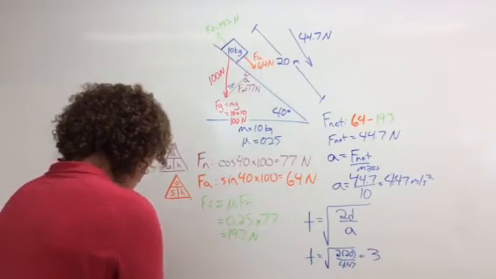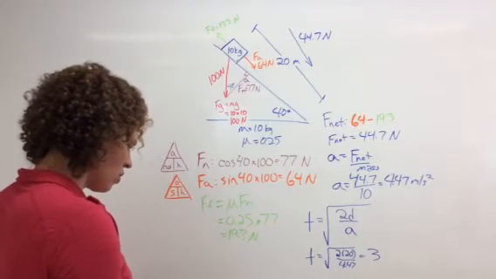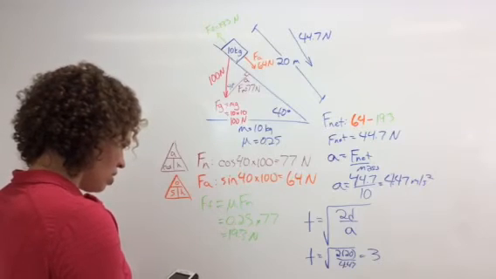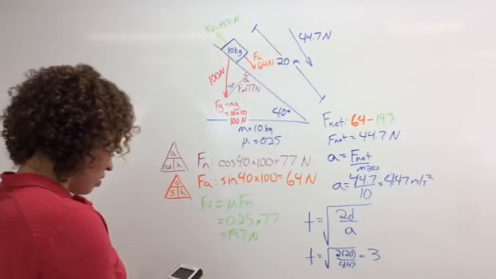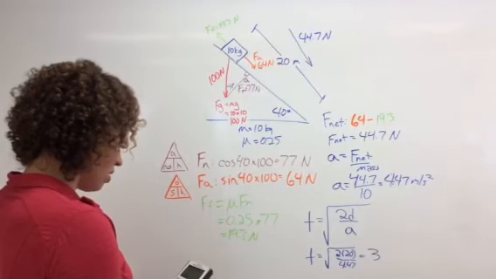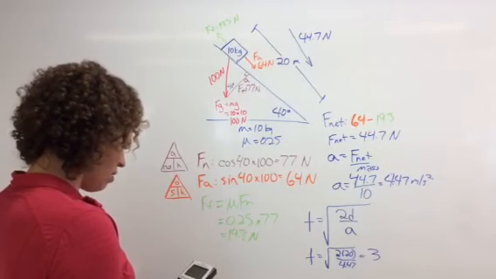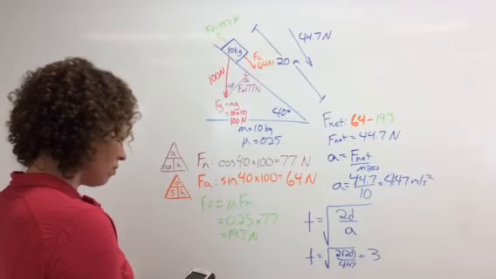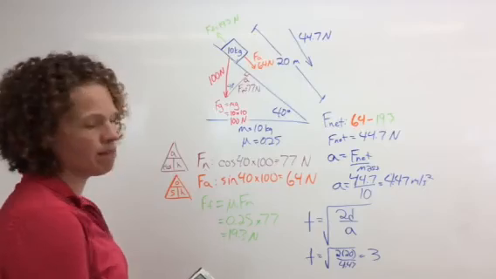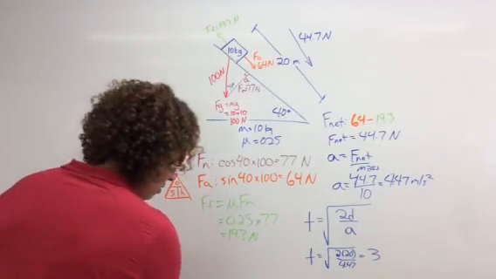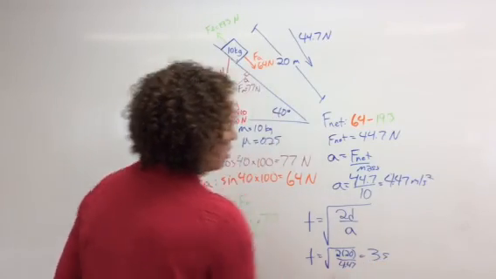So I'll just run the numbers and check. Second function, square root, bracket 2 times 20, close bracket, divided by 4.47. Yeah, 2.99, which is rounded up to 3. So our time is 3 seconds.